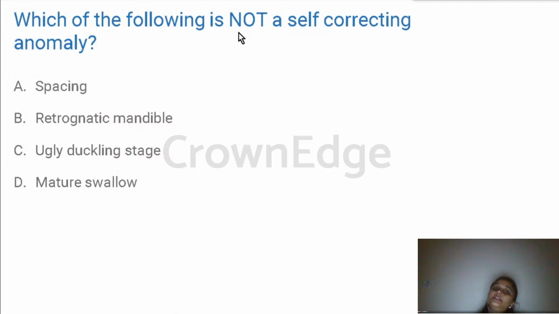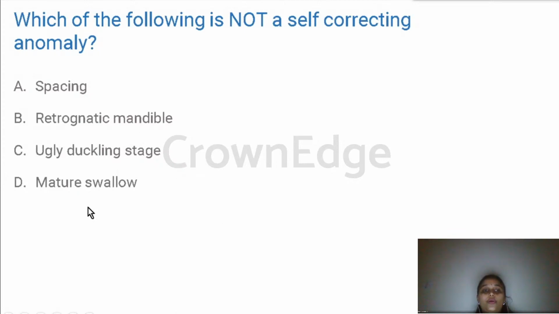Which of the following is not a self-correcting anomaly? Spacing, retrognathic mandible, ugly duckling stage, mature swallow. Spacing, when I mean spacing, it is spacing in the primary dentition, so it is a self-correcting anomaly. Ugly duckling stage is a self-correcting anomaly.